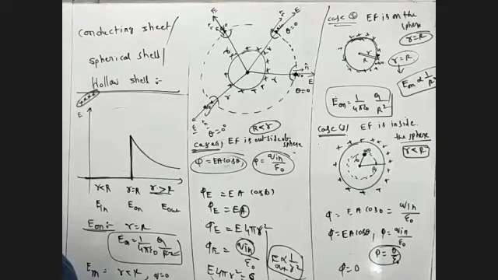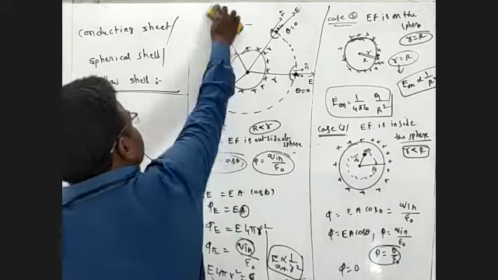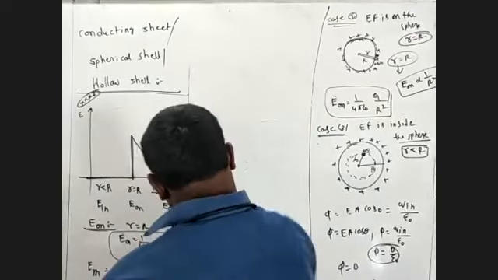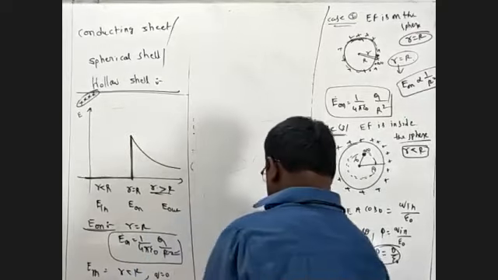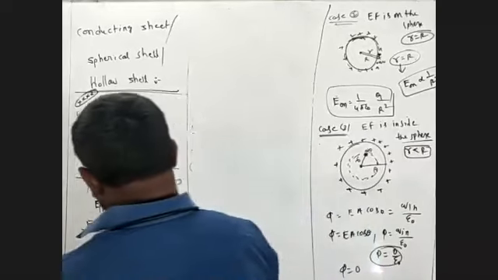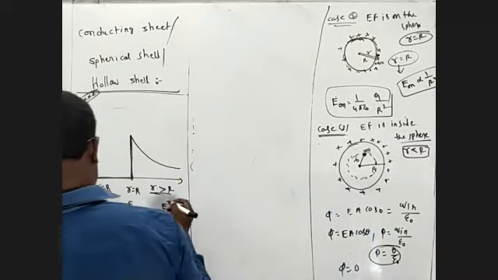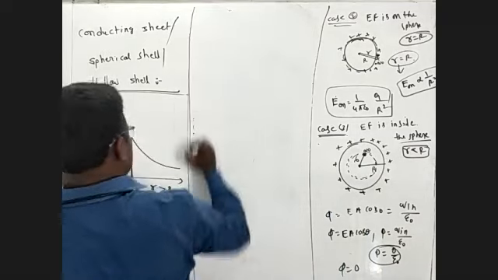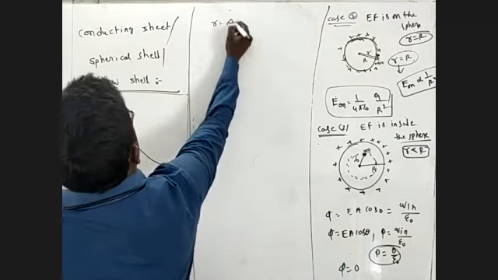The electric field at the center, where r is equal to 0, is 0. Next, r is equal to infinity.